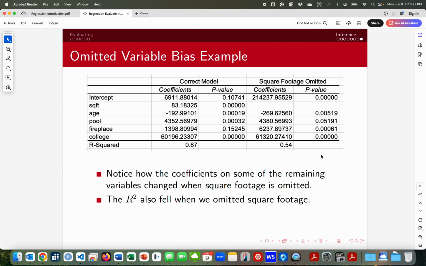So that's inference. The big takeaway here is p less than alpha, reject the null hypothesis for hypothesis testing. If you see small p-values, that means the relationship between that variable and the dependent variable is statistically significant. And on your R square, the higher it is, or the closer to 1, the more of the variation you explained.